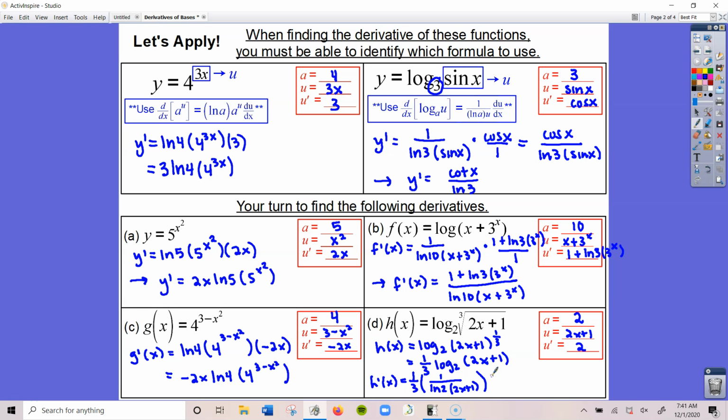And all of this is going to get multiplied by 2. So now I can put all of this together if I just multiply all three of these fractions straight across. And so my final answer would be 2 all over 3 ln of 2 times 2x plus 1.